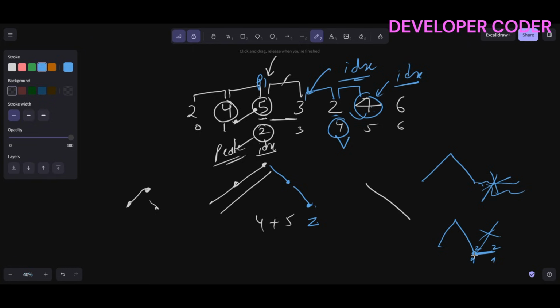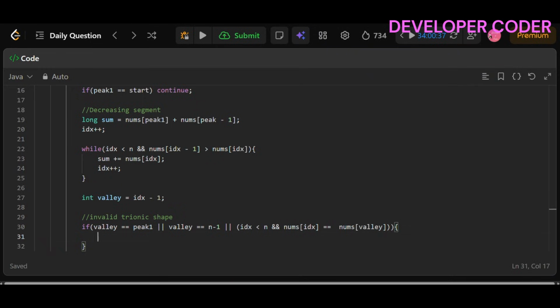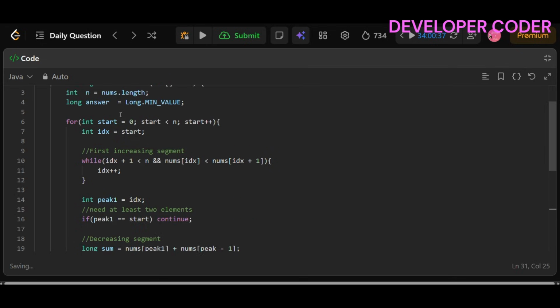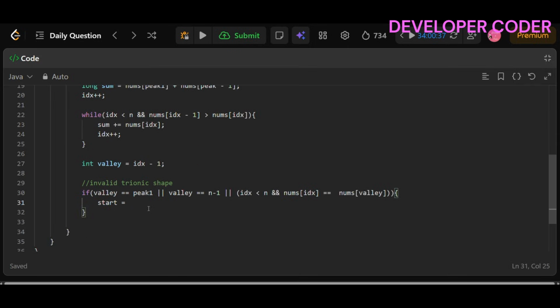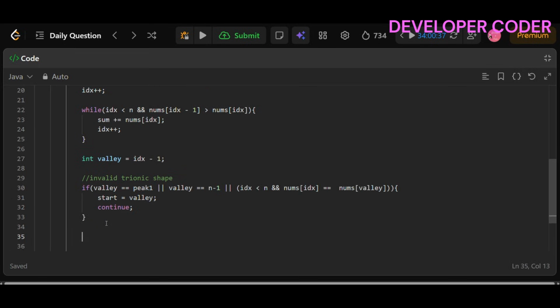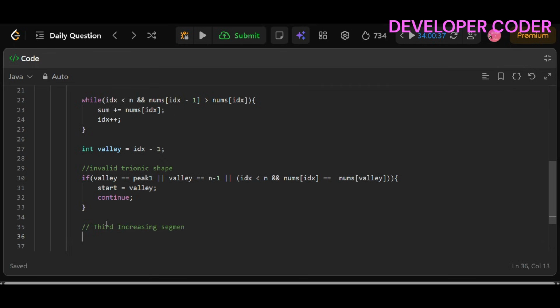So here I will say start is equal to value, I just make a jump to this, so that I don't calculate the same decreasing segment again and again. So here my start is going to make a jump to the value directly, right? And just continue from here. This is done, right? Now the third increasing segment. So here I will say third increasing segment.